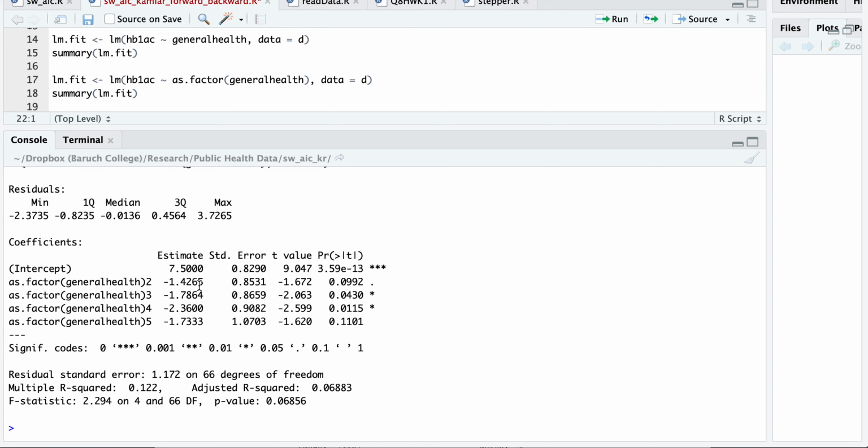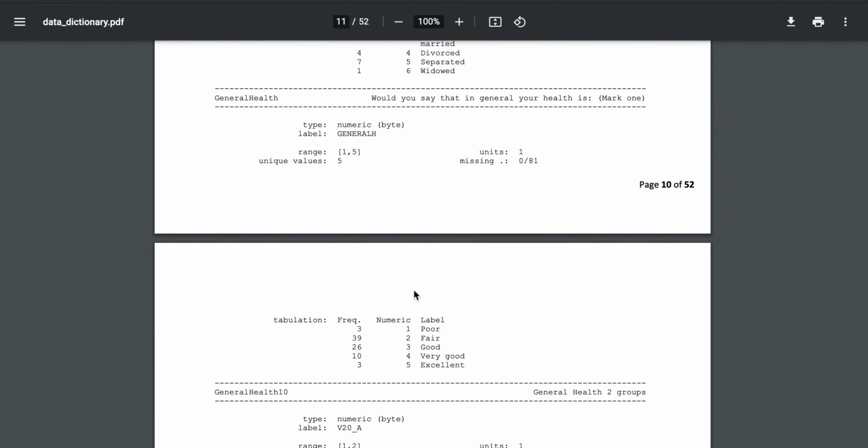Those who have general health category 2 tend to have blood sugar of negative 1.4 less than poor. It's not significant, but let's just say that. So now fair is compared to poor. That's category 2.